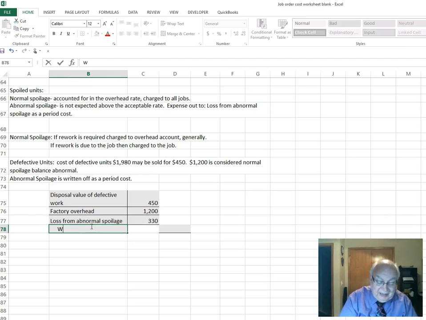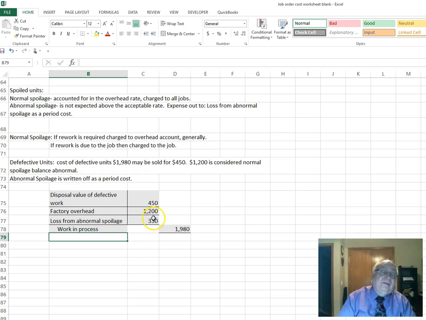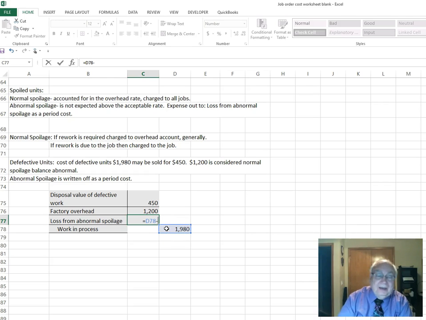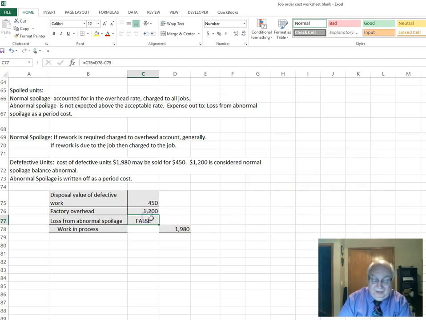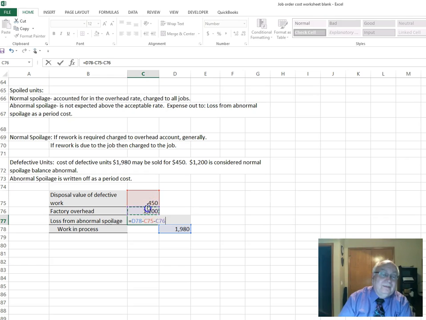And then work in process is for the $19.80. How I got the $330 was we took the $19.80 minus the $450 minus the $1,200. Okay, that's how I got the $330.